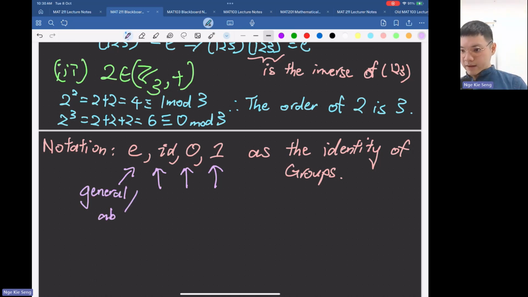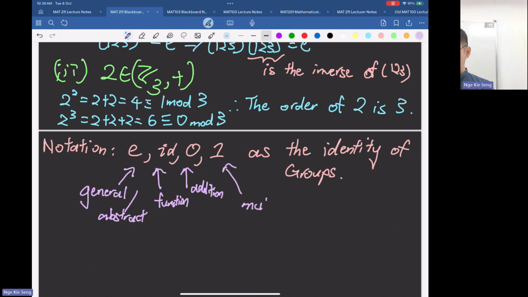But identity, usually we reserve for things like function composition, the identity function. And 0 we keep for addition. Additive identity for a group with addition. And then 1, we always keep for multiplication. Multiplicative identity. Does it make sense?